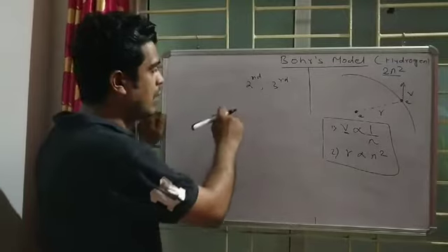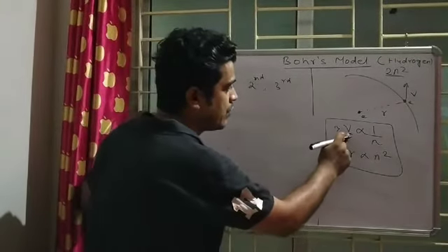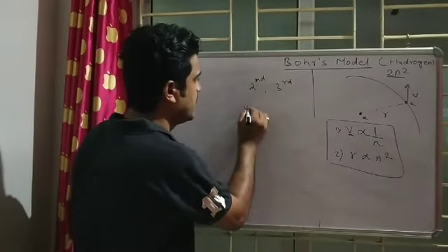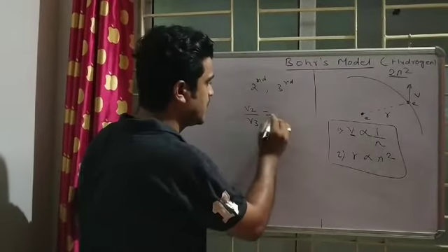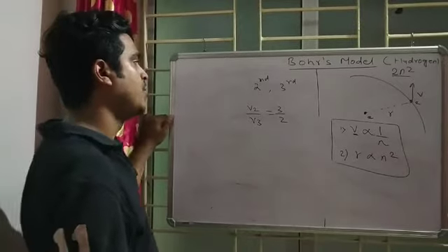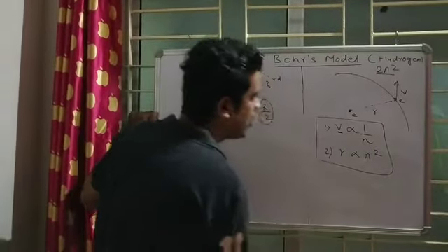As n is 2 and n is 3, v second to v third is inversely proportional, so it will be 3 upon 2. They will not ask a problem like this.